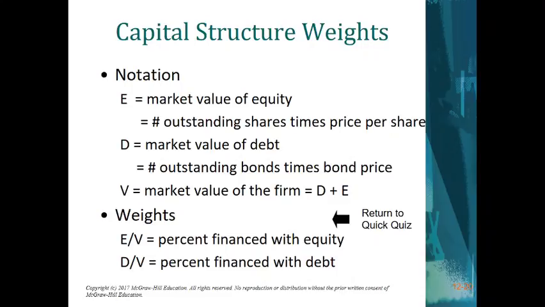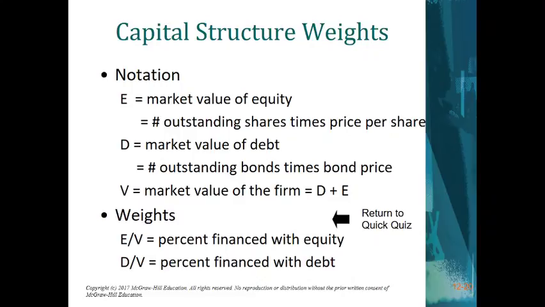All right, so here we have some notations. The E is the market value of equity, which is the number of shares outstanding times the price per share. The D is the market value of the debt, which is the number of outstanding bonds times the bond price.